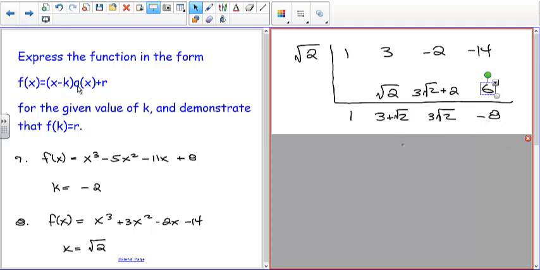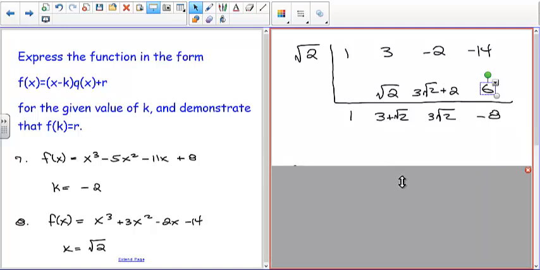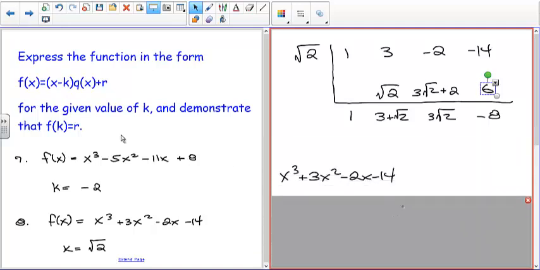So putting the original polynomial into the form requested, you're going to have x minus k, so it's x minus the square root of 2, times q of x, which is x squared plus 3 plus the square root of 2 times x plus 3 times the square root of 2.